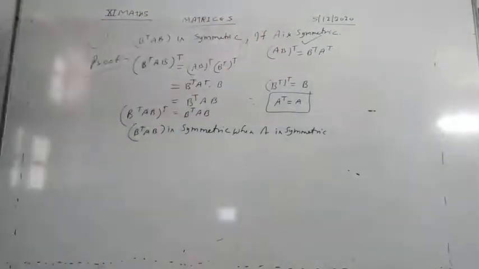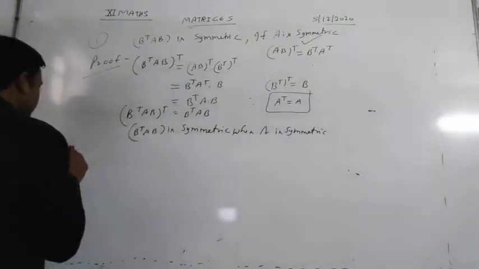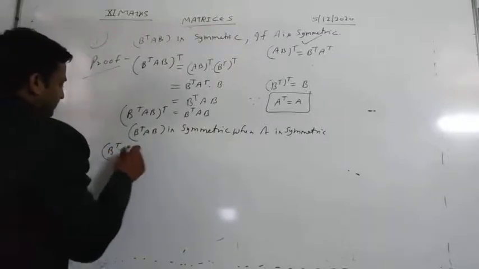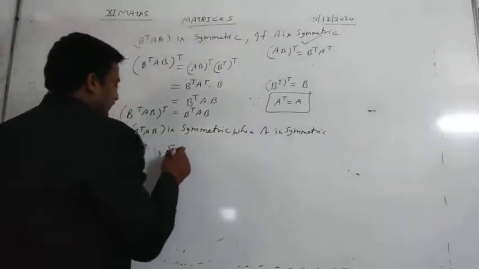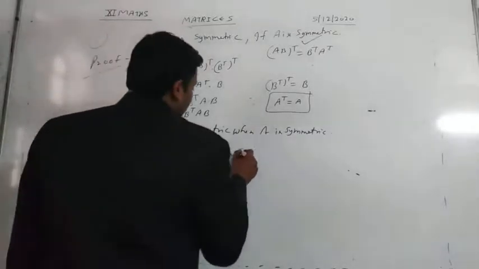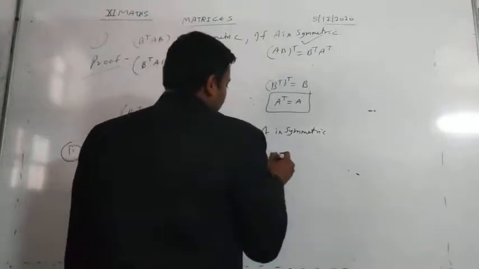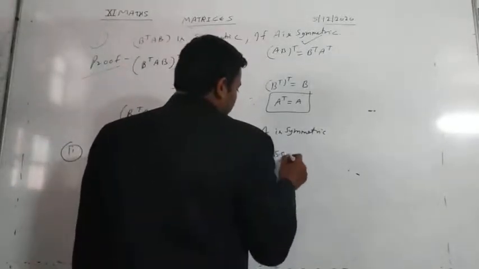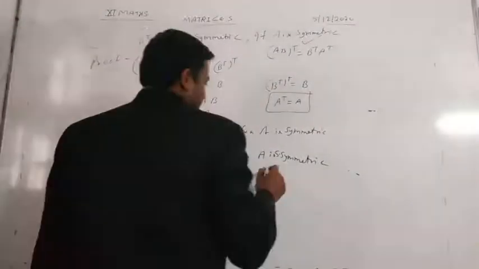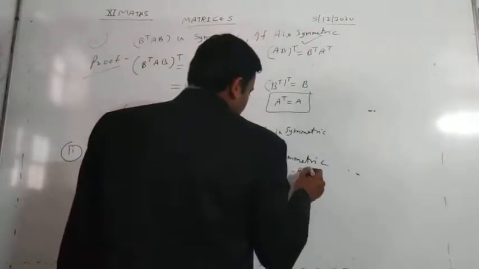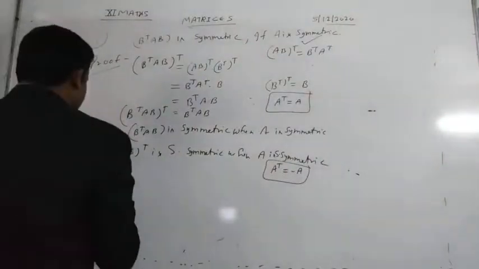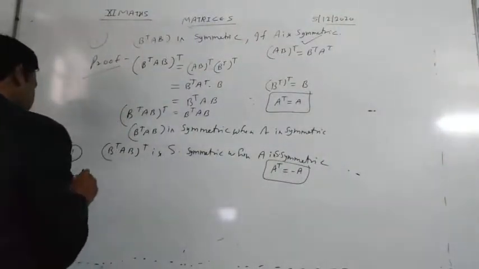Now we will prove the second part, which is that B transpose AB is skew symmetric when A is skew symmetric. A is skew symmetric, which means that A transpose is equal to minus A. From the given information, A transpose is minus A. So now we will prove it.